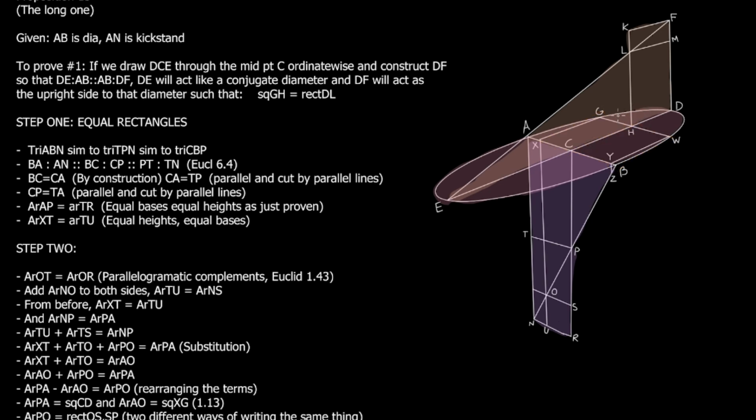And the force of them being equal is that it means that GW is bisected at point H. And point H is where it cuts DE. So that means that if DE is a diameter, then GHW is drawn ordinate-wise to that diameter. And that was the second part of proving that DE is acting like a conjugate diameter to the diameter AB, that DF is its kickstand.